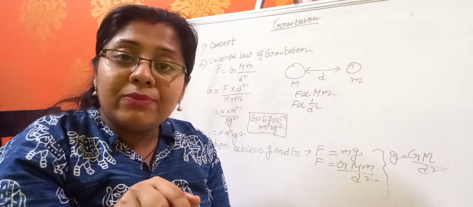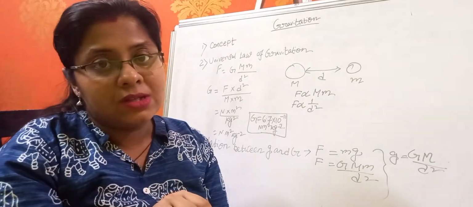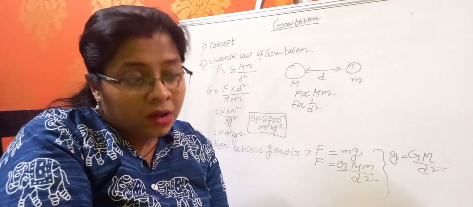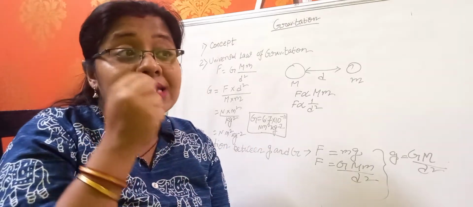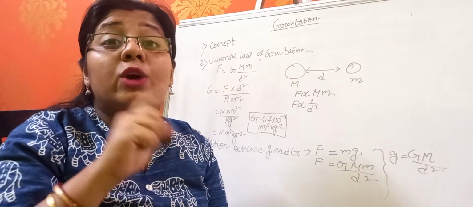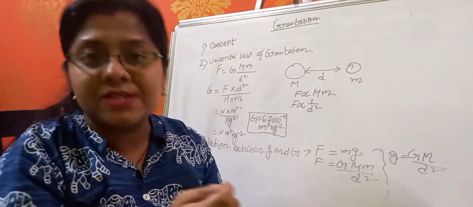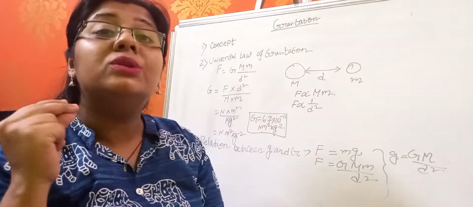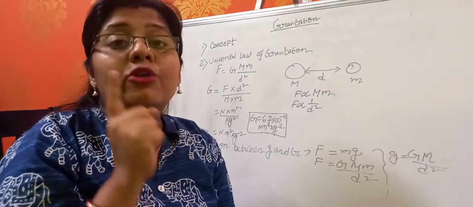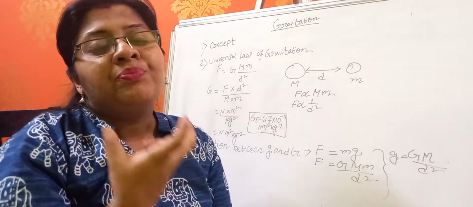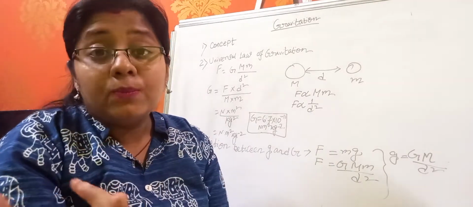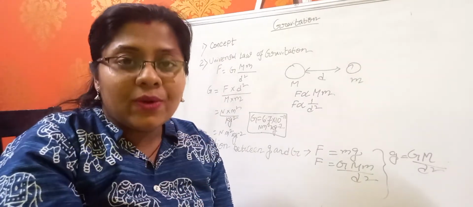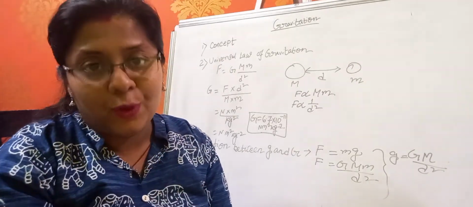So what is the name of the force? Centripetal force. How and from where is it created? The centripetal force is created due to the movement of the substance. As the substance is moving around myself, due to the motion, one force is felt by the object that is towards the center, and that is why the name is centripetal force.